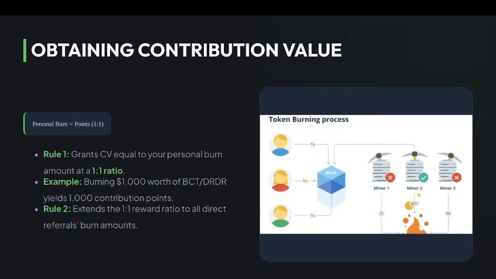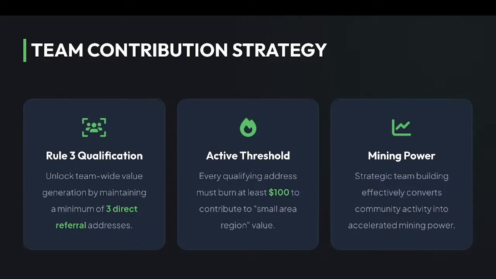The contribution points are actually the most important metric in this ecosystem. They act as the primary measurement for your tier advancement and your overall reward qualification. The more points you gain from your own actions and your direct network, the higher you will climb in the decentralized reward tiers. Next, we will talk about our next concept.